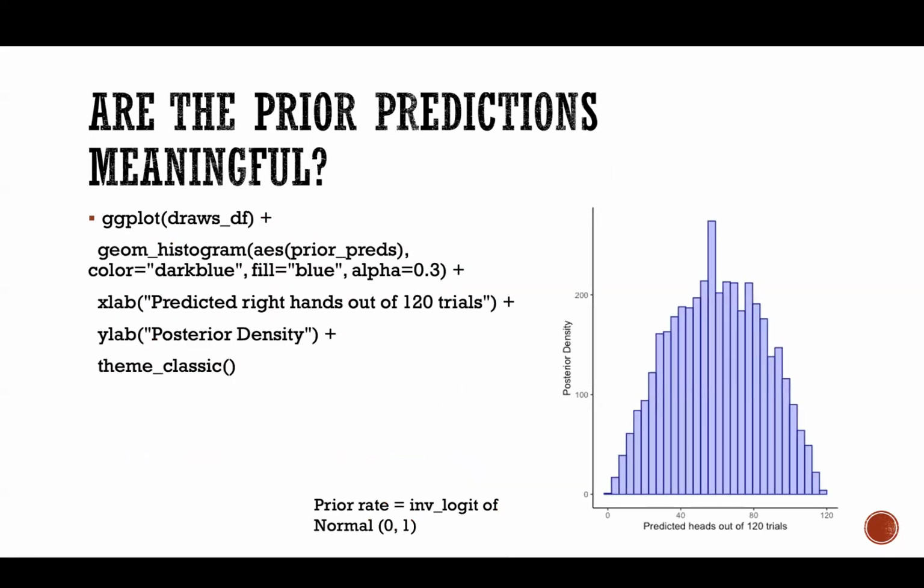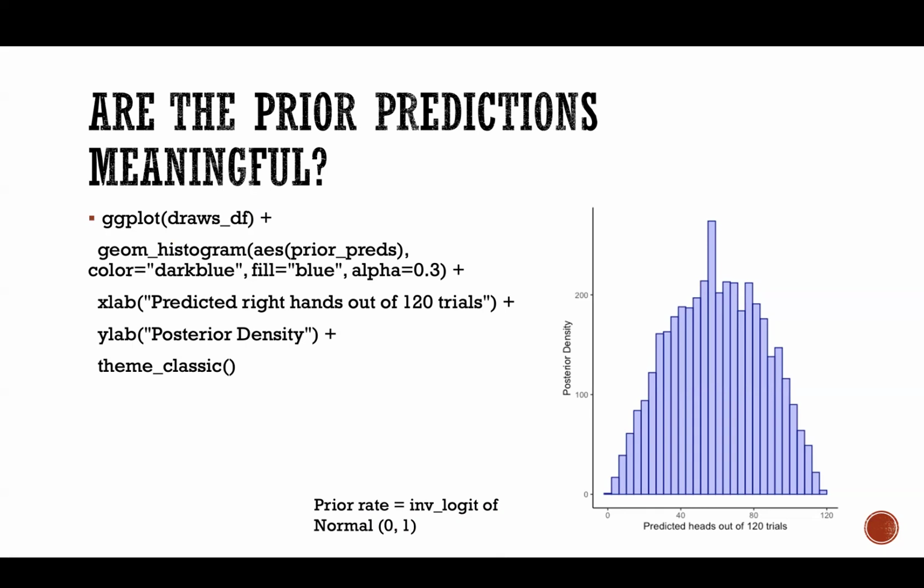Then we can draw the prior predictions, right? We have 0 to 120, that's the x-axis. And on the y-axis, we have how frequent that number of right choices is. You can see it's pretty symmetric.